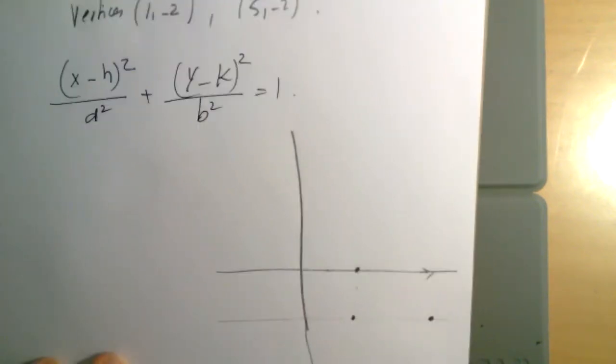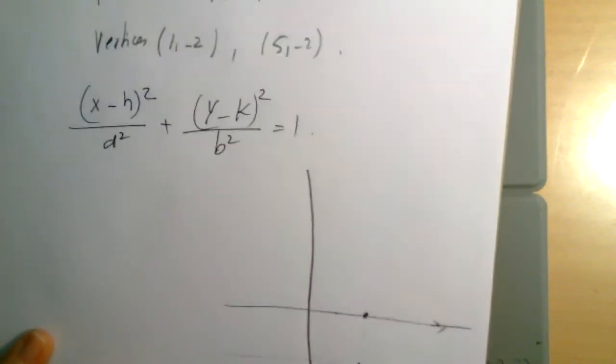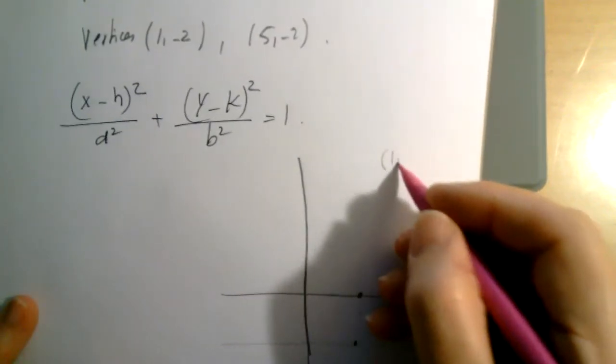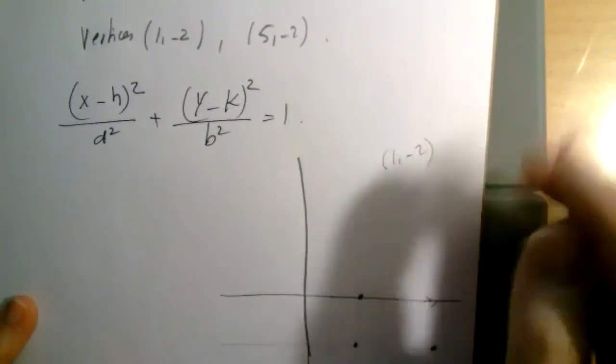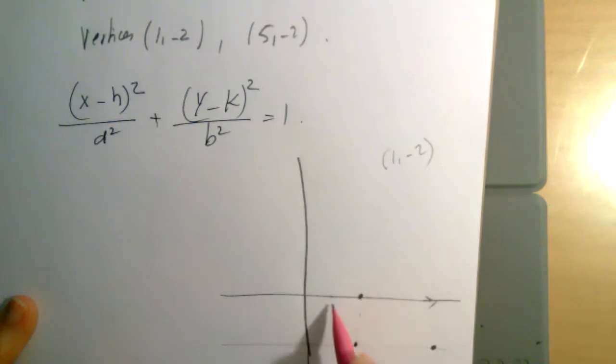These are the foci. And the vertices are (1, -2), so it's again here, and (5, -2) right there. So these are what we have.